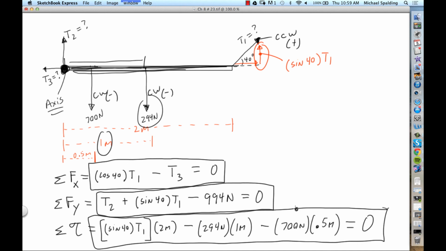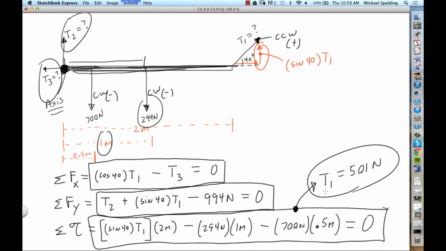Okay, so the rest is algebra. Now we can take this last equation. What's the only thing missing in that last equation? T1, and by the way, that's why we put the axis over here, so that way T2 and T3 would disappear, right? So T1, when you do the algebra, comes out about 501. Now, take T1, plug it in there, and there.